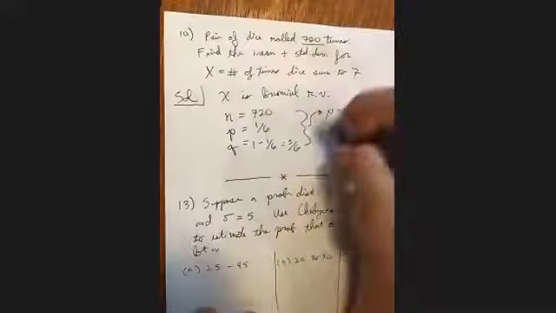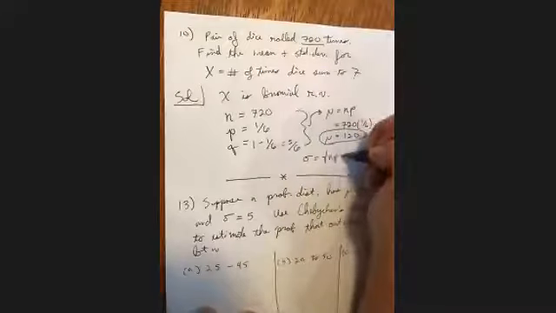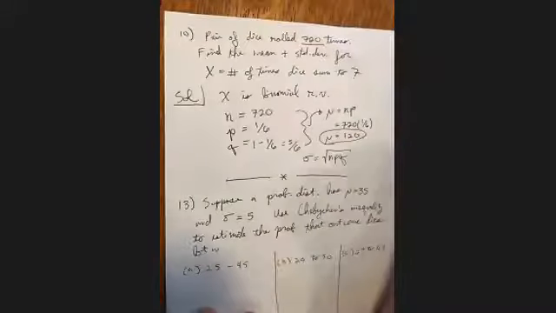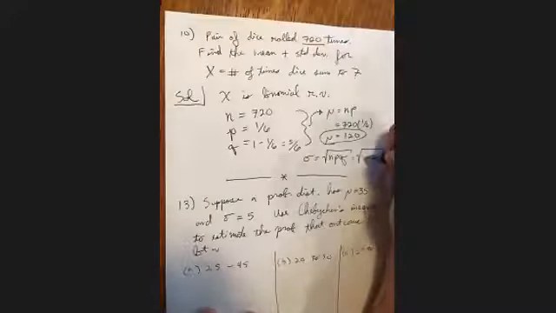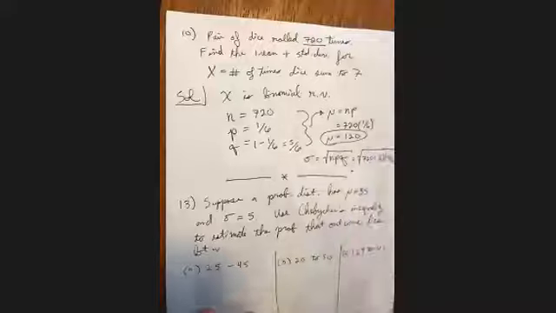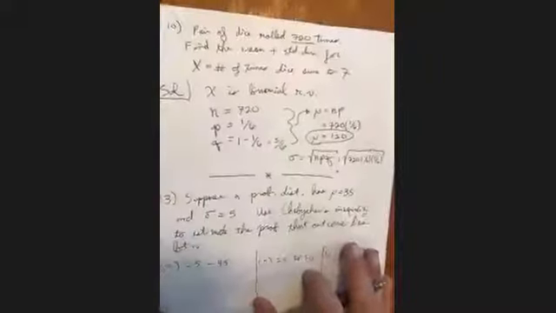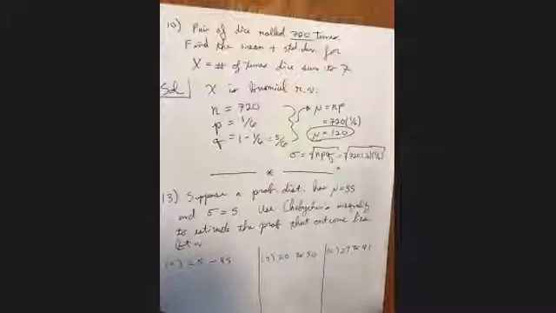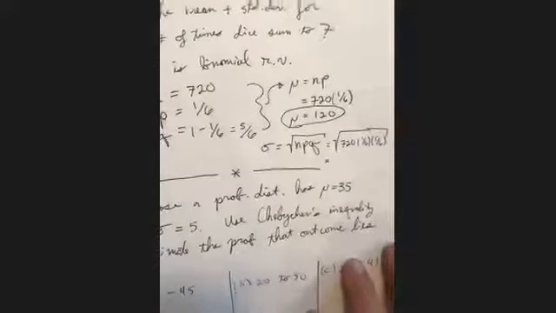The standard deviation for a binomial is the square root of n times p times q. So 720 times 1/6 times 5/6. So we punch that into the calculator.